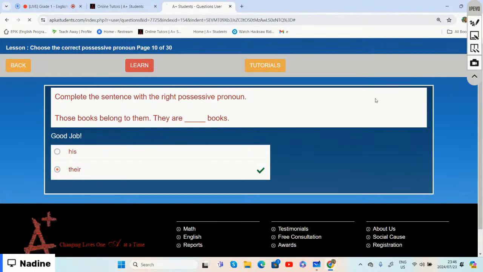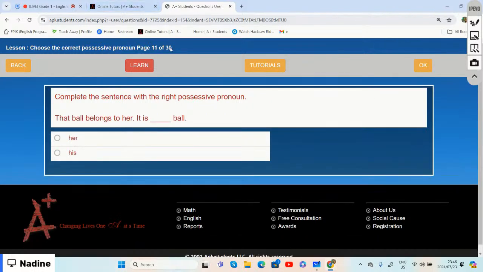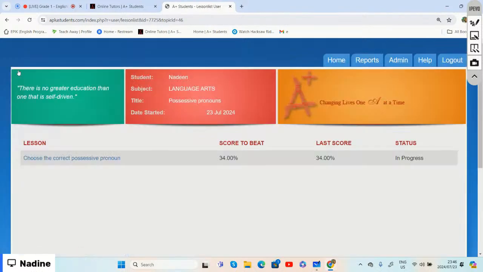And their is correct. All right, so this is now the end of our lesson on possessive pronouns. We see that possessive pronouns take the place of a possessive noun, and pronouns take the place of a noun.